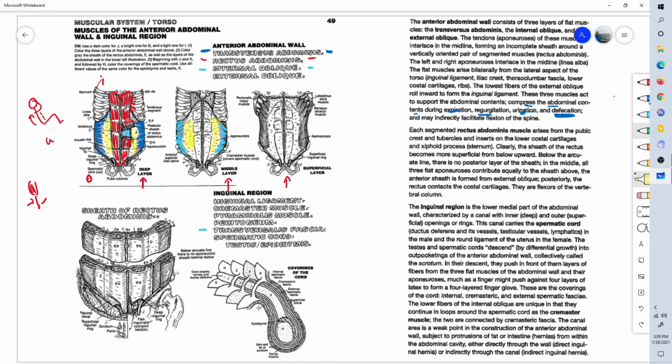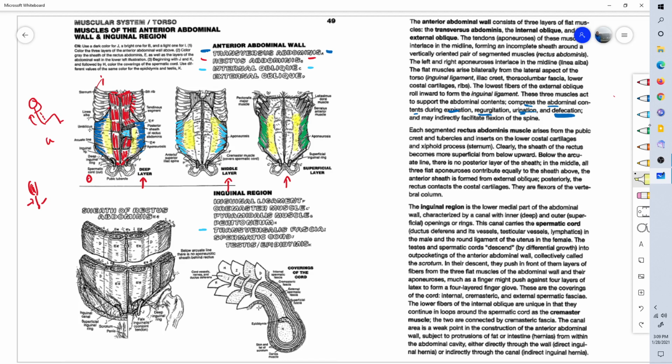The third muscle, the external oblique, more on the outside, right, also contributes to this tendinous sheath, they're called an aponeurosis.